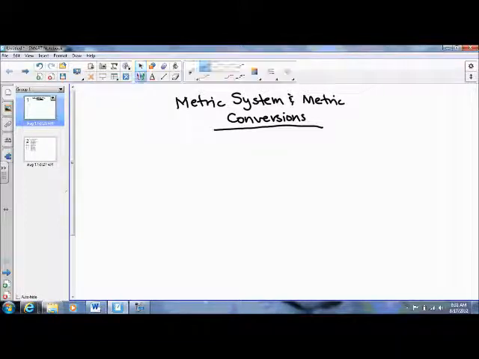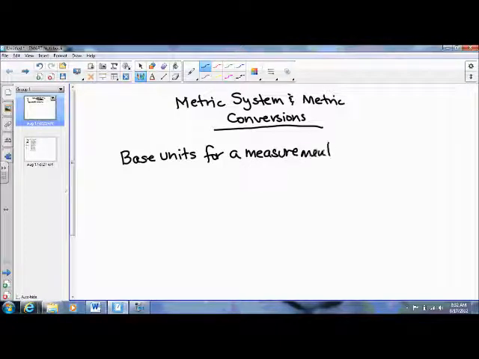Now, it's important to note that the metric system is composed of what are called base units, for any quantity or measurement. Okay, and these have a value of, we'll call them 1, value of 1. And then prefixes are added to the base unit.